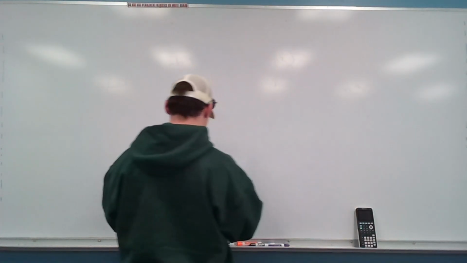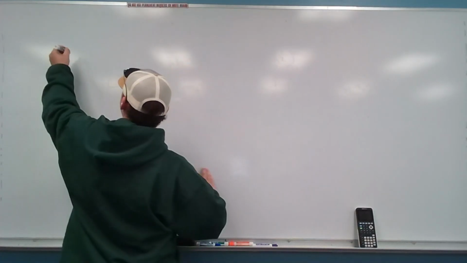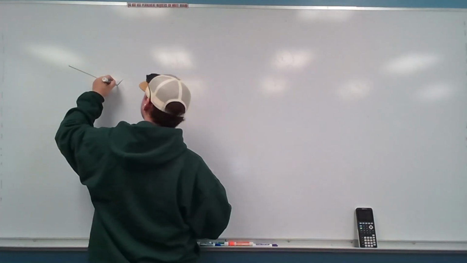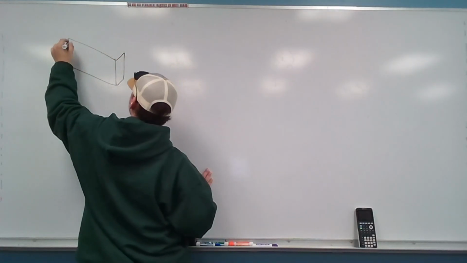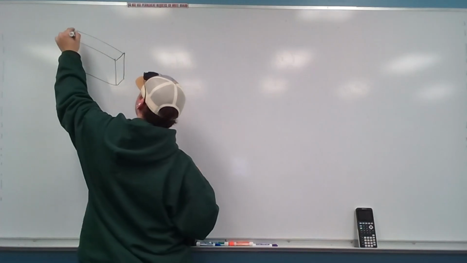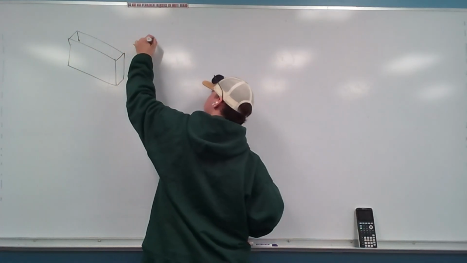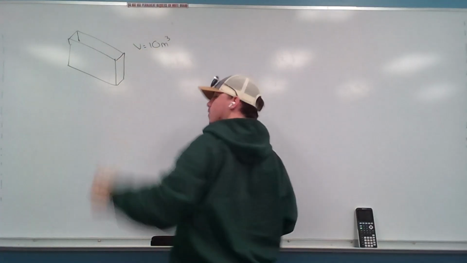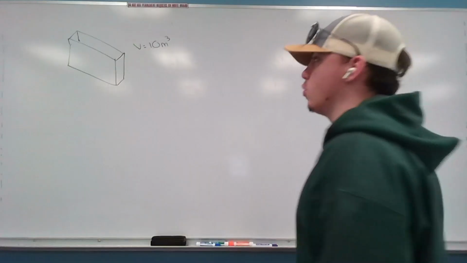So let's draw our storage container. I'm tired of blue. Let's go to black. Okay, rectangular storage container, volume equals 10 meters cubed. The length of its base is twice the width.